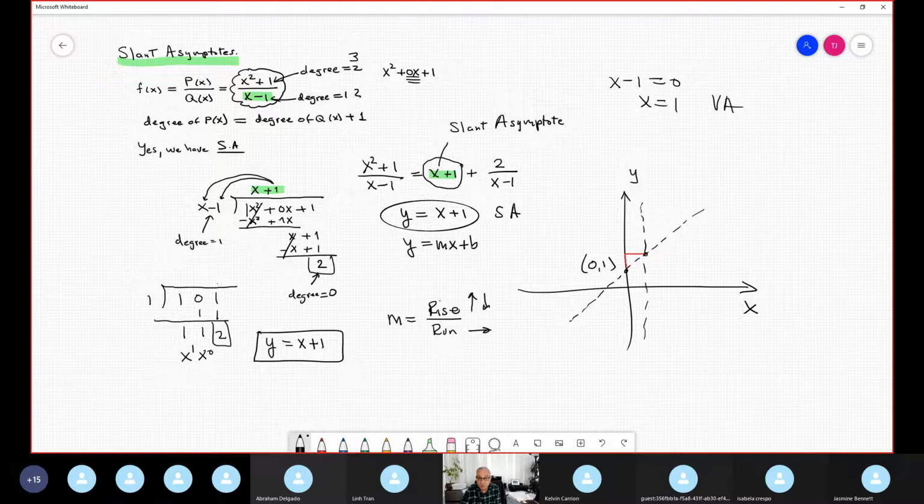So we have slant here and vertical here. For the slant, the equation is y equals x plus 1. And the vertical equation is x equals 1. No y, because it's a vertical line.